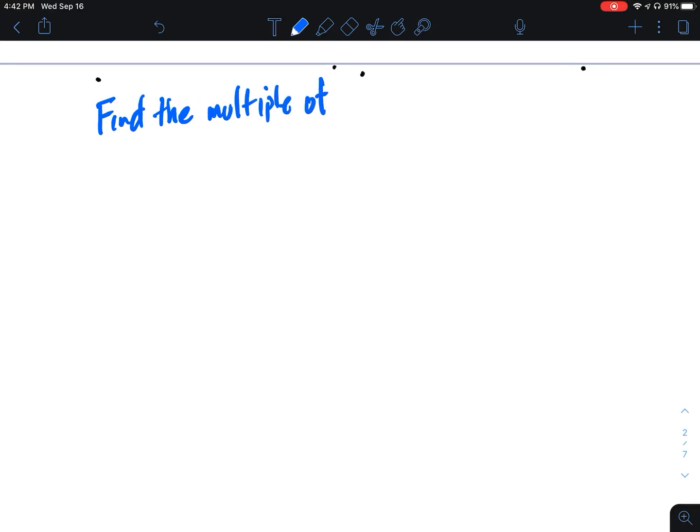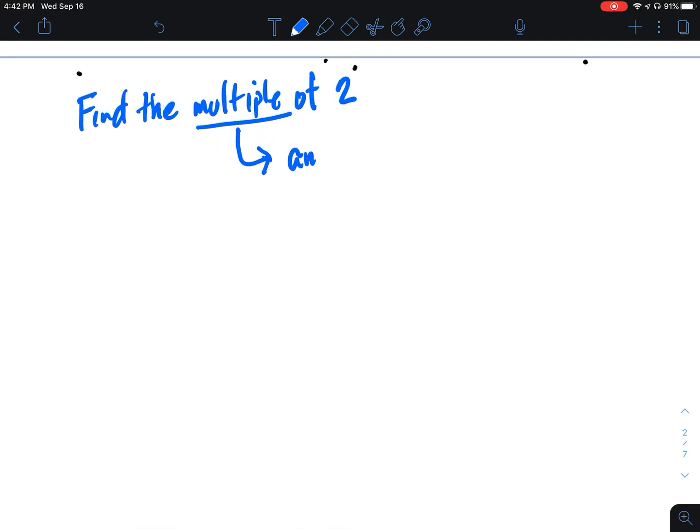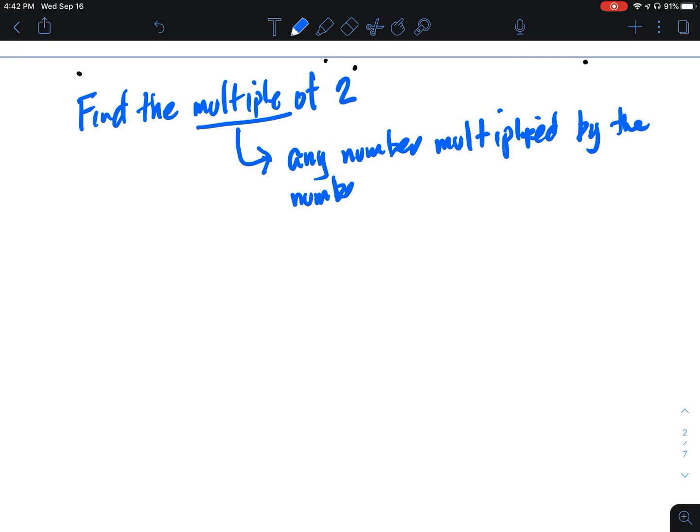of 2. A multiple is any number multiplied by the number. So what does that mean? If I want to find the multiples of 2, any number that I multiply with 2 will be a multiple of 2.